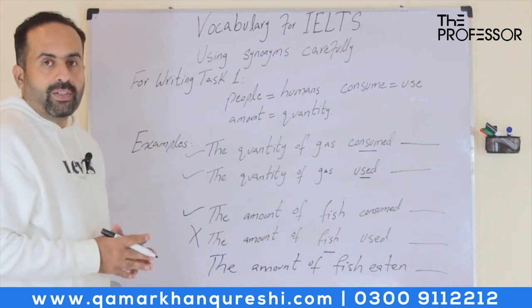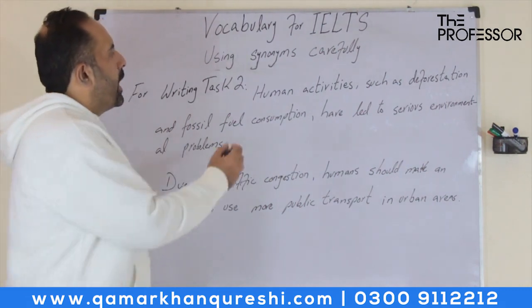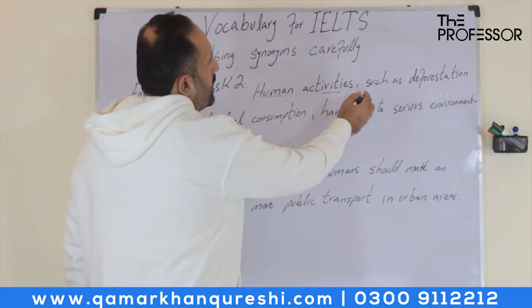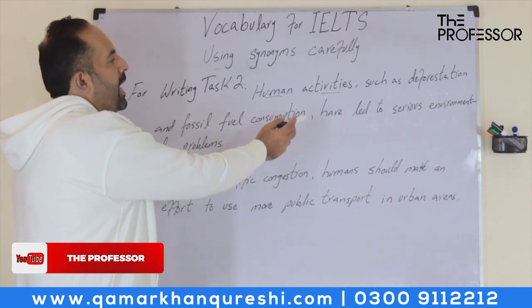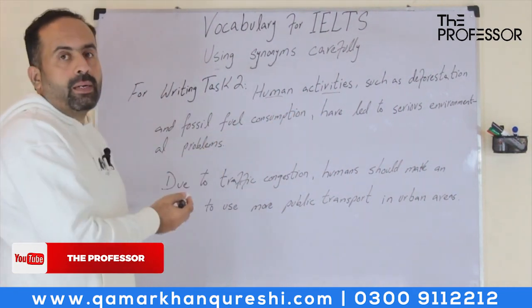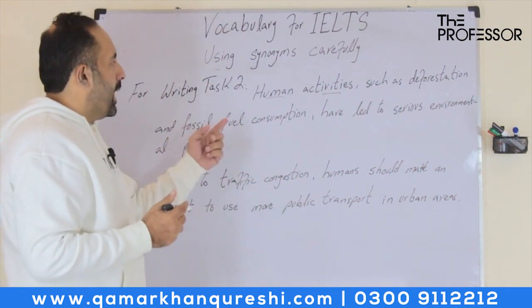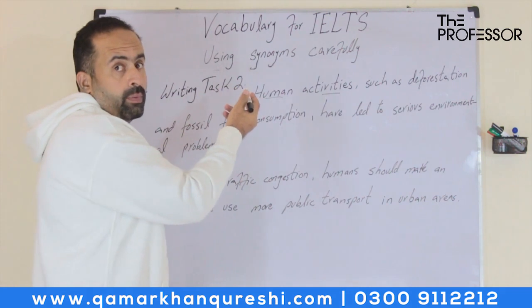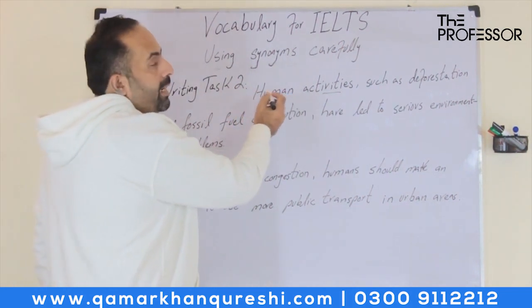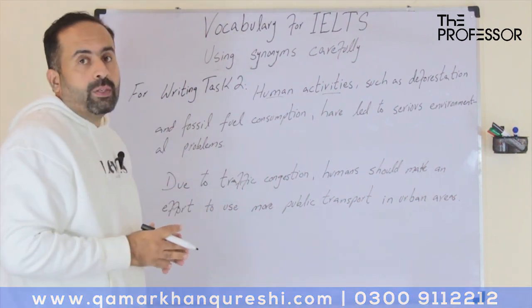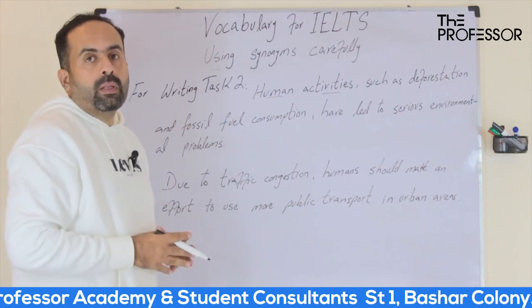Let's look at another example. For writing task 2: human activities such as deforestation and fossil fuel consumption have led to serious environmental problems. अब यहाँ पे, like I said in the beginning, human activities. यहाँ पे we can only use human. We cannot replace this word human with people. Why?